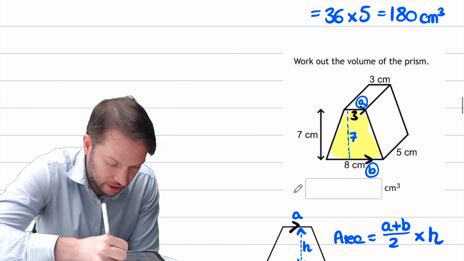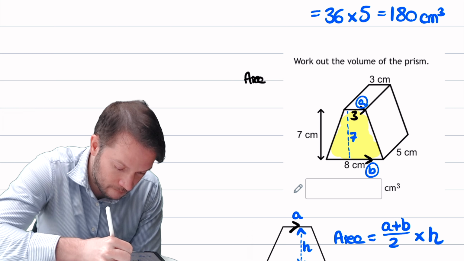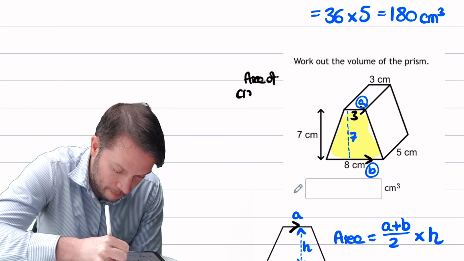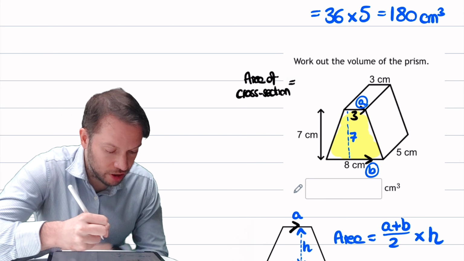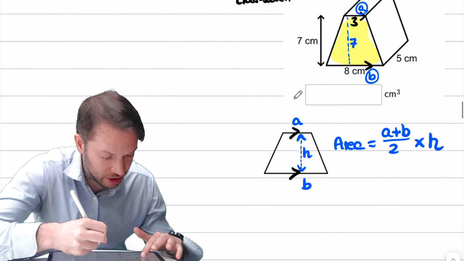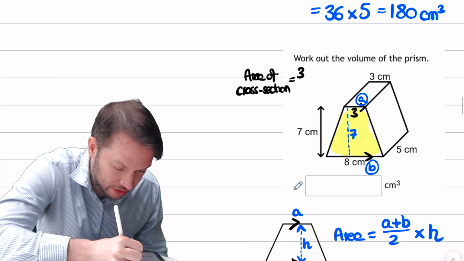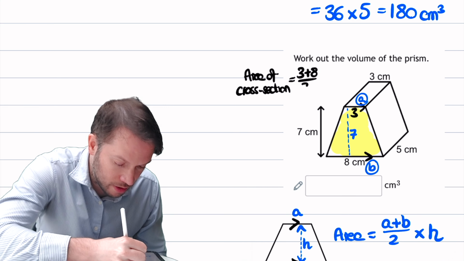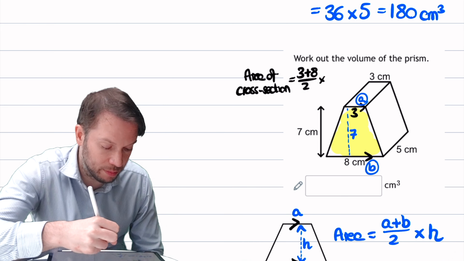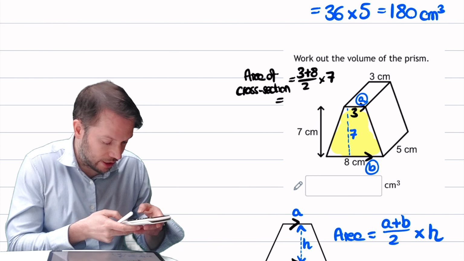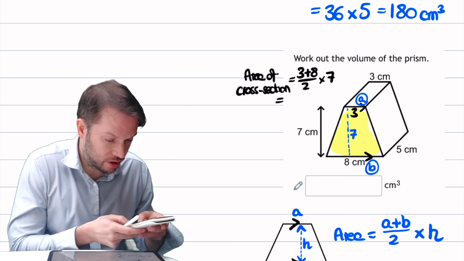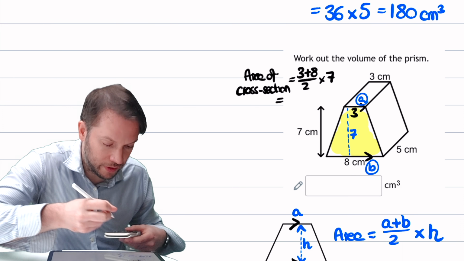The area of the cross-section, which is a trapezium, is equal to A plus B over 2. So 3 plus 8 over 2, multiplied by the distance between them, which is the 7. And I'm going to use my calculator for this, 11 divided by 2 times 7, which is 38.5.